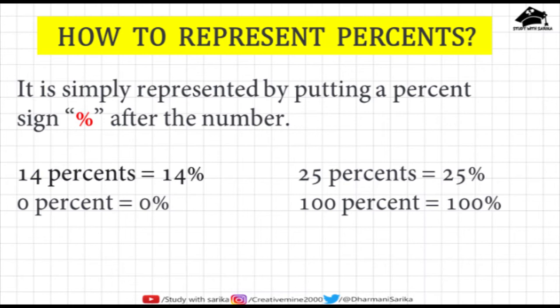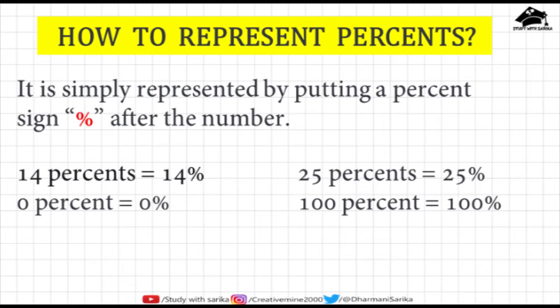After 14, put this symbol, and it will convert 14 into a percentage. Similarly, 25%. Then 0% and then 100%. So this is how you can represent percentages by using this percent symbol. Now you see how simple it is to represent percentages.